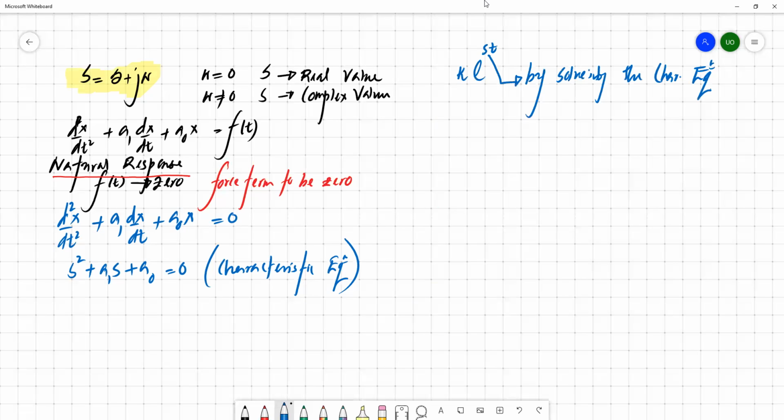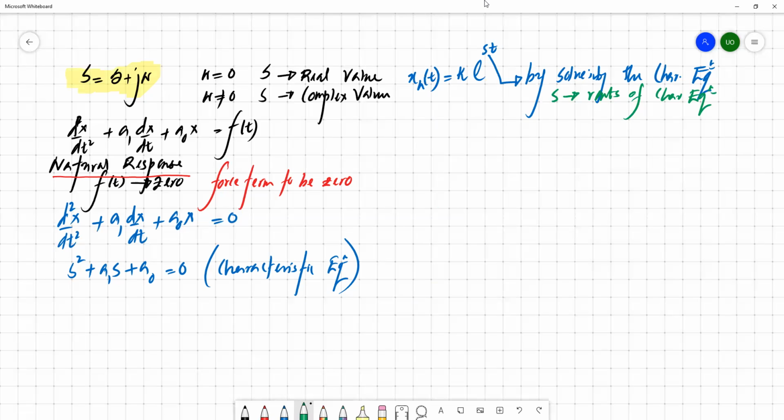So the natural response x(t) can be represented as an exponential function, k e to the power st. So s, which is the exponent of this solution, can be obtained by solving the characteristic equation, or else we can simply say that s represents the roots of the characteristic equation.